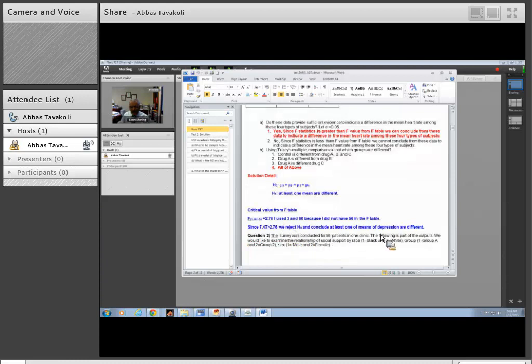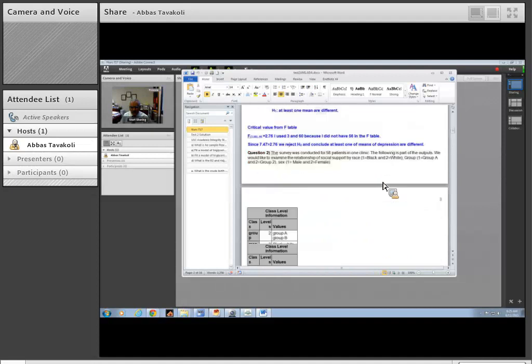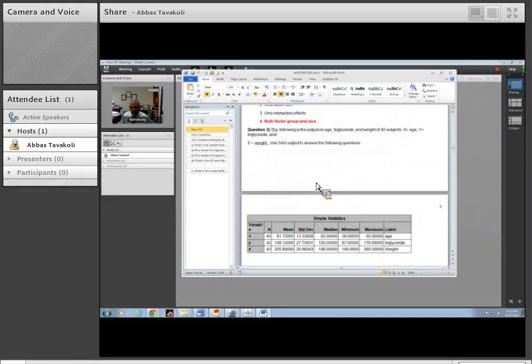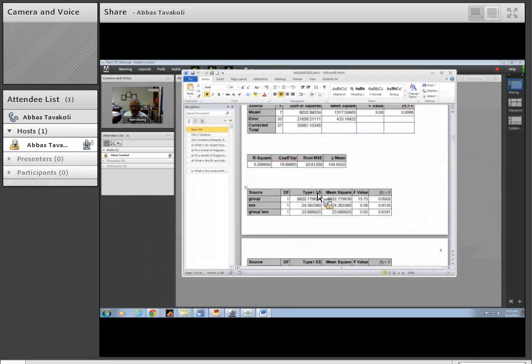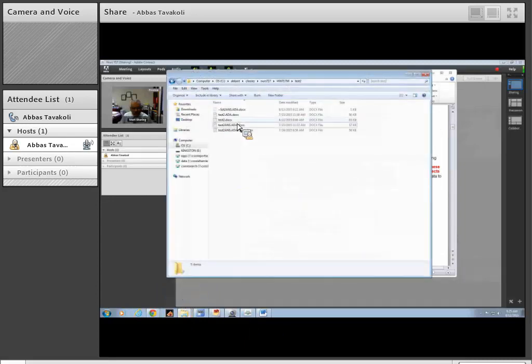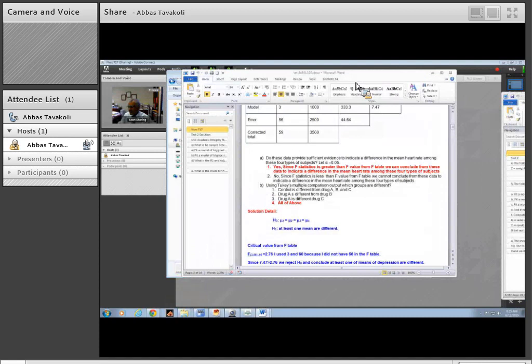and conclude that the mean depression scores are different. Now, using the Tukey multiple comparison output, which groups are different? So you have the Tukey outcome, and I ask you to look at that outcome and see which one is different.